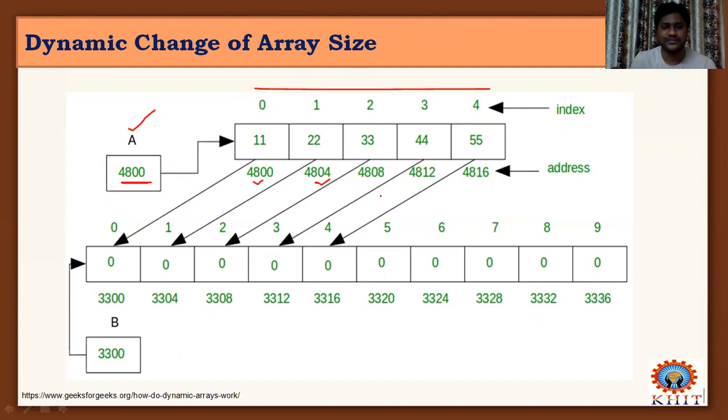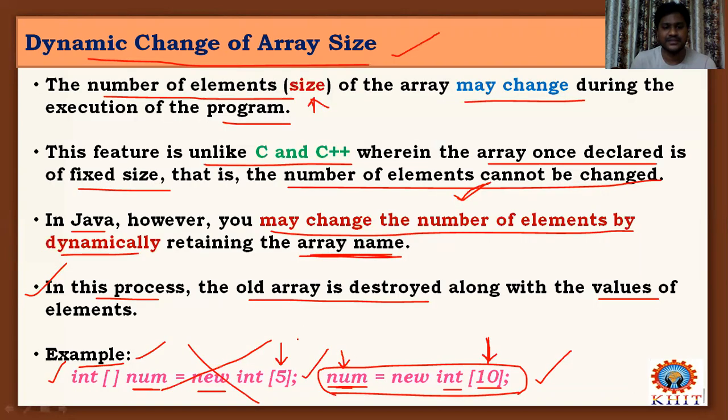At some point in the program, we declare the same array name A with size 10. It means initially it was like this, and now I changed the size to 10.